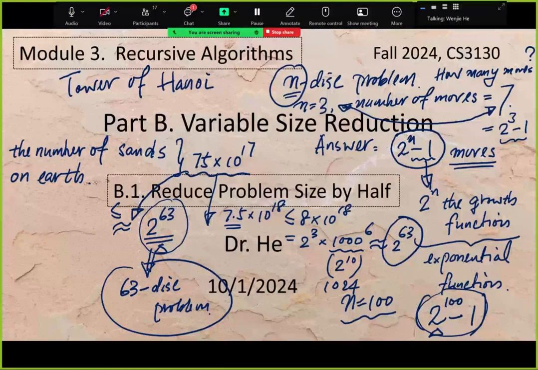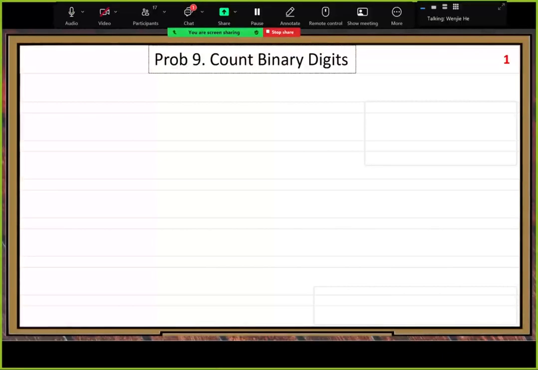So you can expect that everything that appears in the notes has a possibility to appear in the midterm, including this question, the Tower of Hanoi problem. All right.